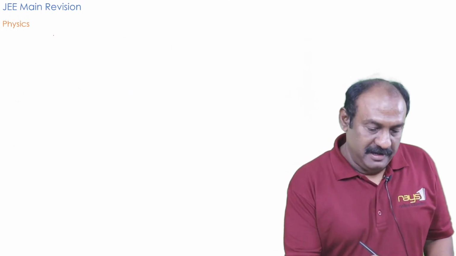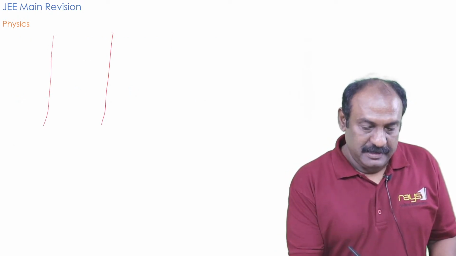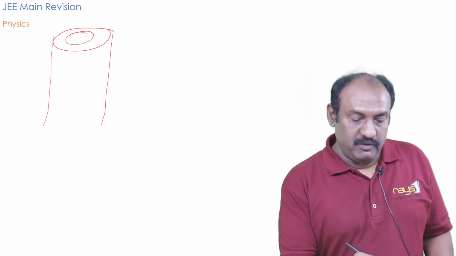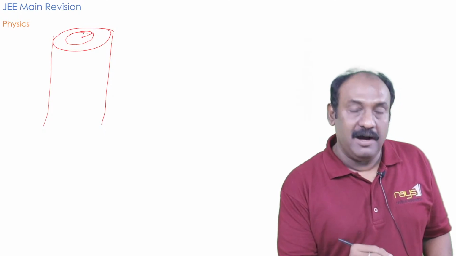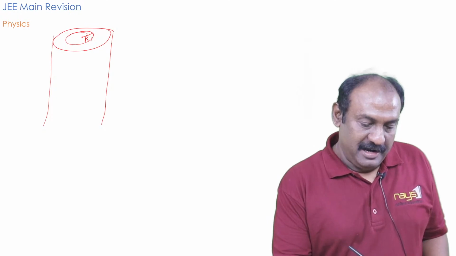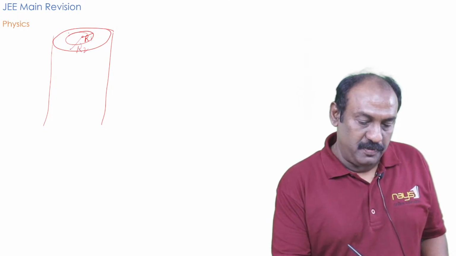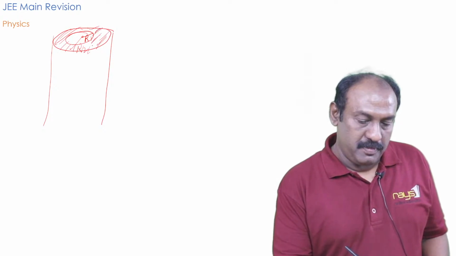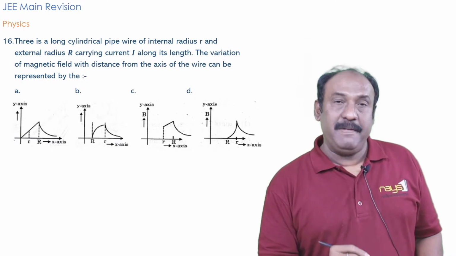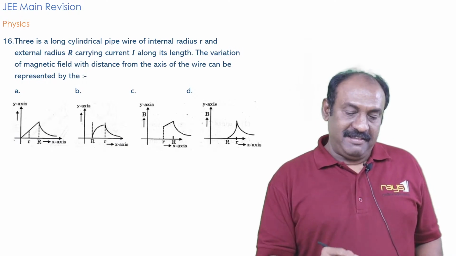So here it is a long wire carrying current, and this wire has an internal radius R and an external one R. Suppose it has R1 and the external radius is R2. Now what we want to see is the variation of magnetic field with the distance from the axis of the wire.